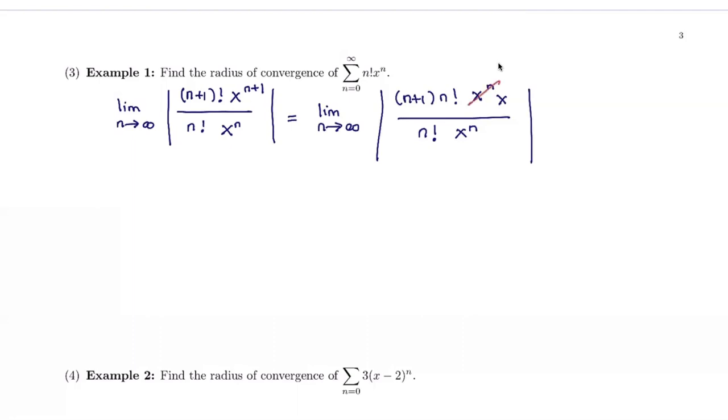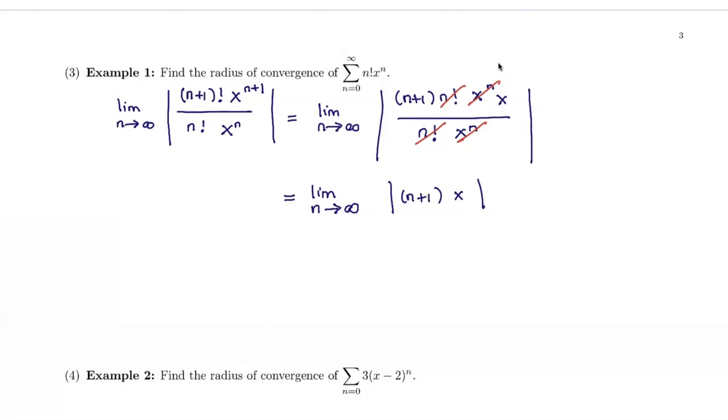And we see that the x to the n's are going to cancel out. The n factorials are going to cancel out. And so this is going to be now the limit as n goes to infinity of the absolute value of (n plus 1) times x.